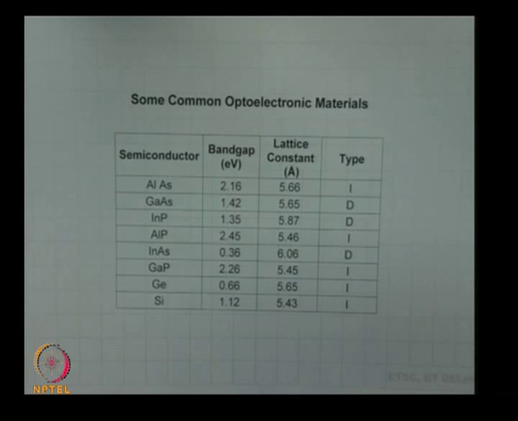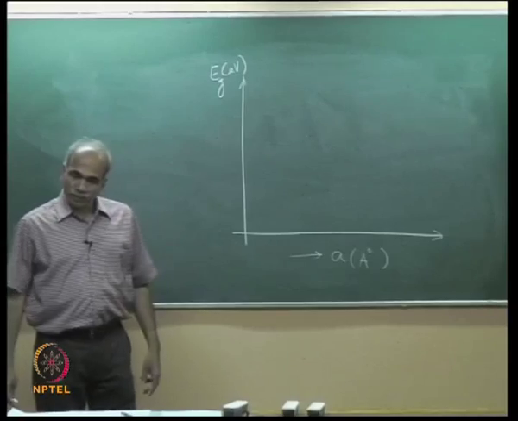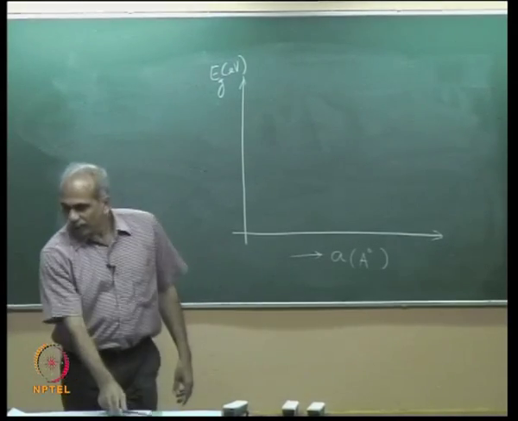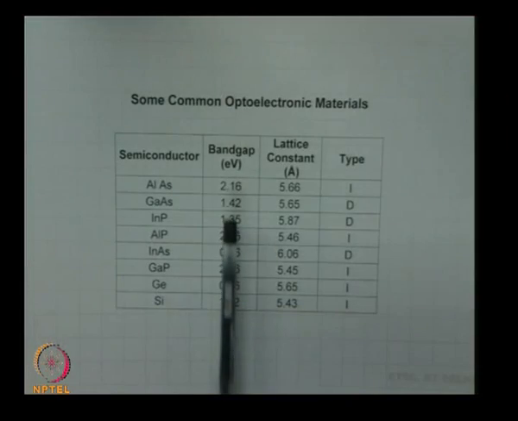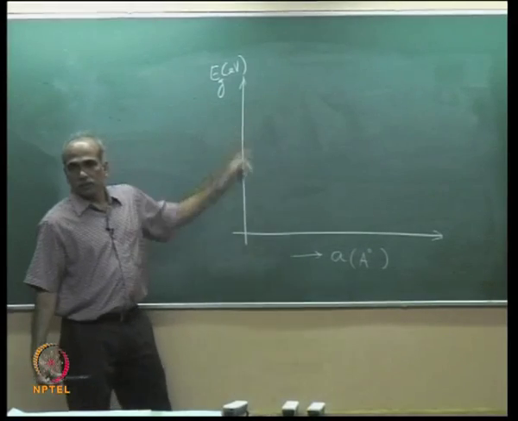Now, a particular graph where you plot band gap energy Eg in eV versus lattice constant a in angstroms. For every material that I have listed here, you see the band gap energy and lattice constant is given. So, here I am plotting the lattice constant versus the band gap energy.